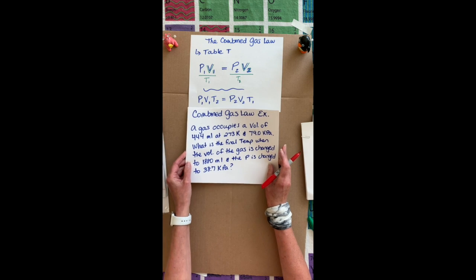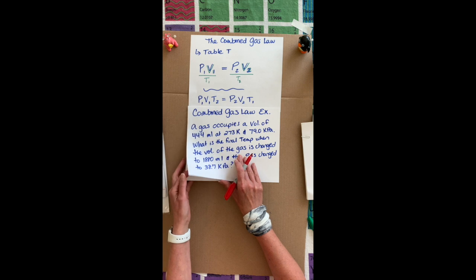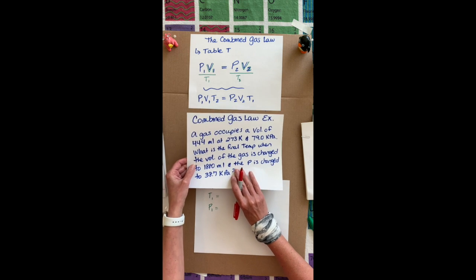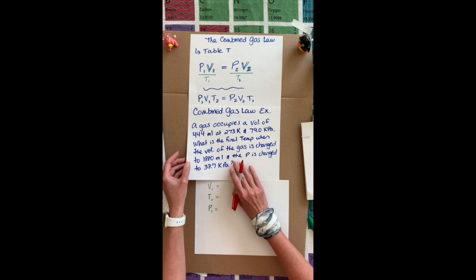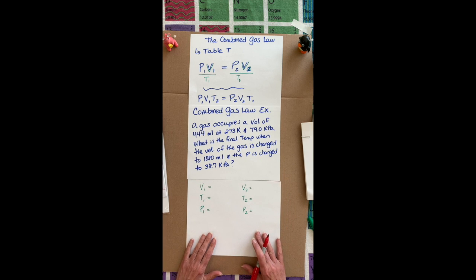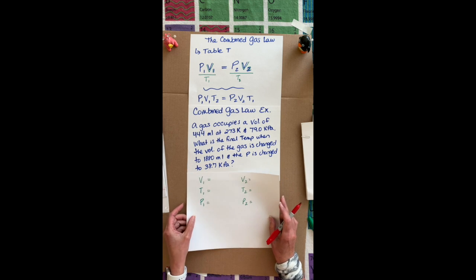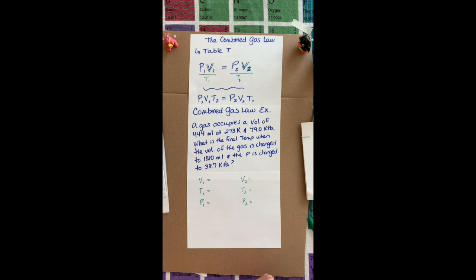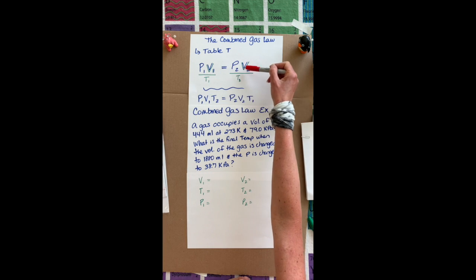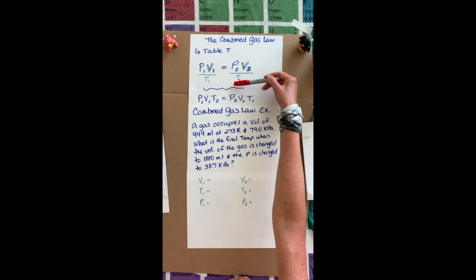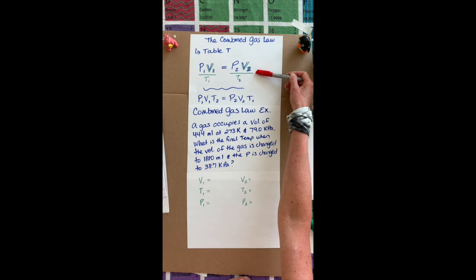So here is an example of the combined gas laws that you would get. You're going to get a lot of information in these problems, because you have 6 bits of information total. You're going to get 5 out of 6 of these.